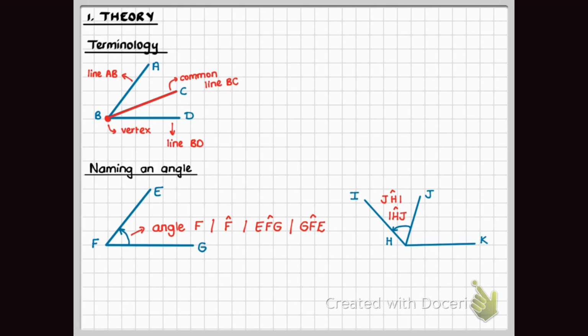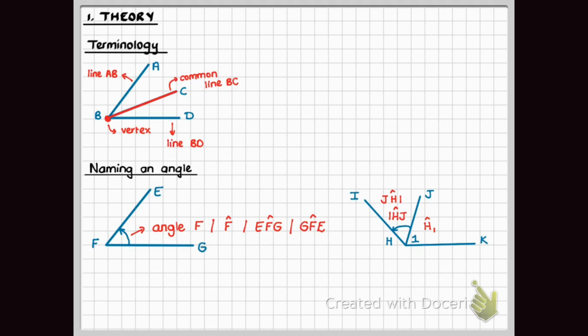Another way of indicating angles is they might say the other side of this angle is called angle H1, or they make a small subscript 1, and then we can call it angle H with a subscript 1, referring to that part of the angle that's subtended by JH and KH. So be careful when we name angles.